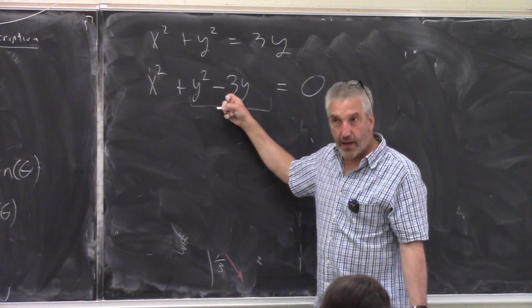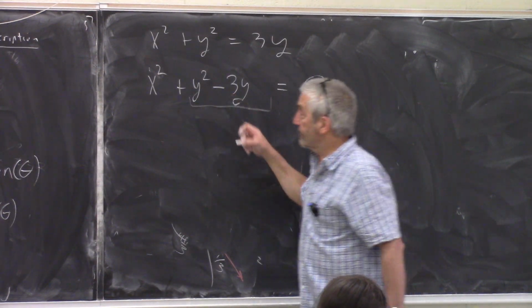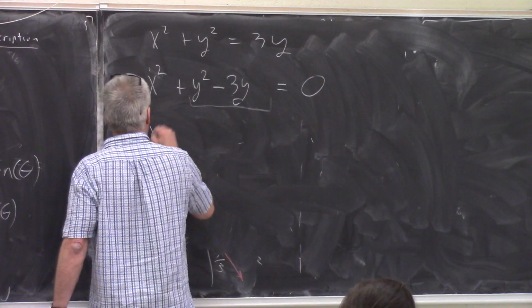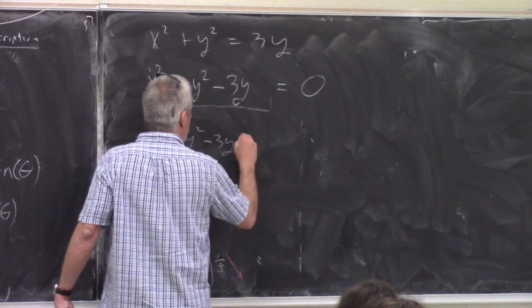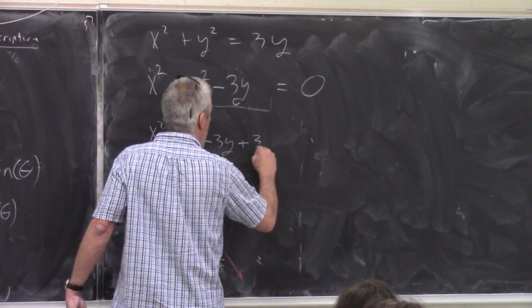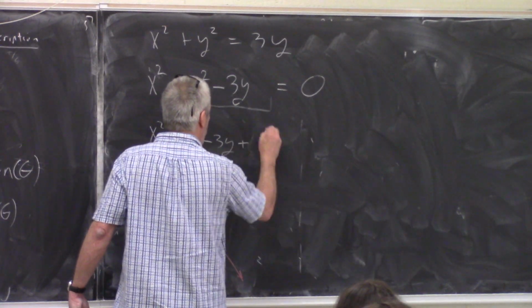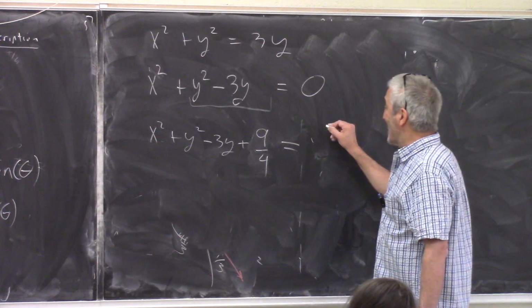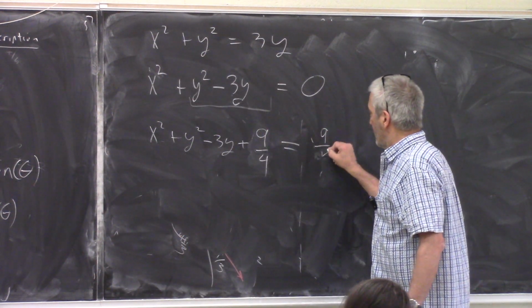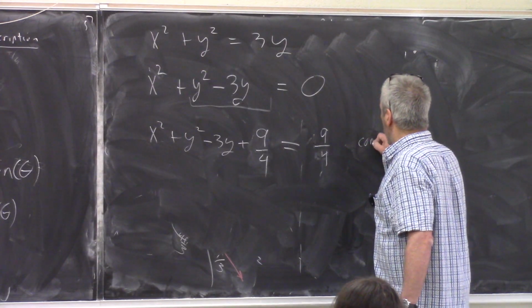You square that. That gives you 9/4. But I'm going to leave that as 3 halves. Well, I'm going to do this as 9/4. That's right. Now, I can't just add that without adding it to the right side as well. So we completed the square.